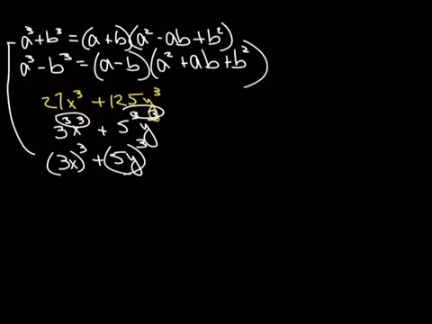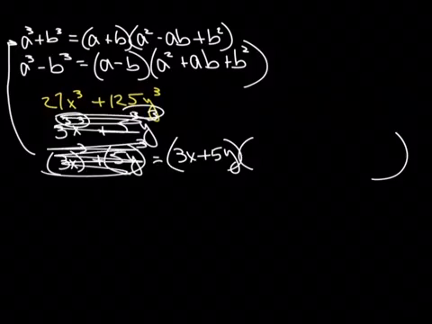Meaning we're going to use this example here. And to simplify it, it says take the first two right here and add them. Just the a plus b. So 3x plus 5y. And make all that go away because you don't need anything except that.